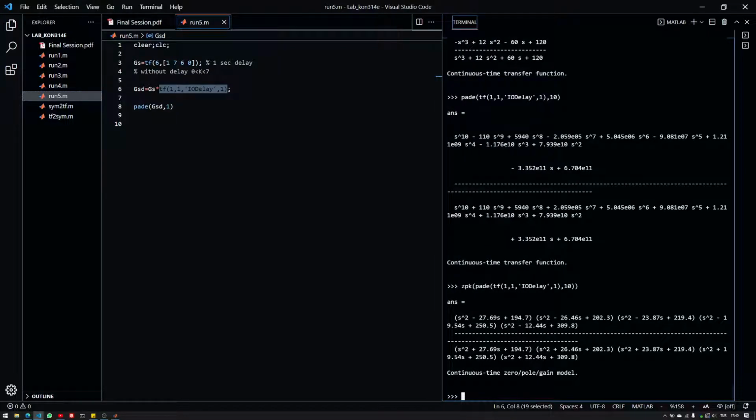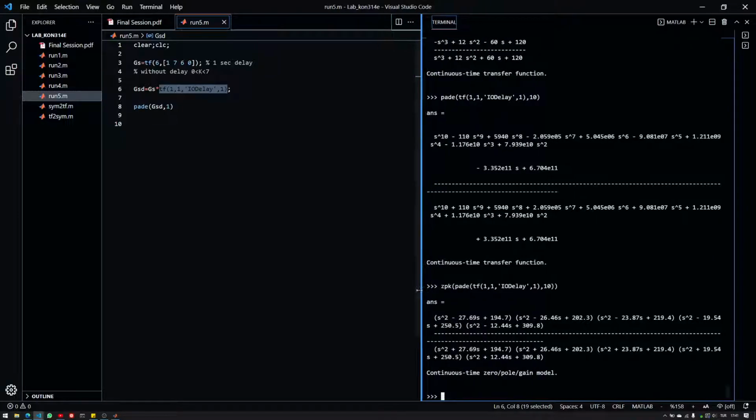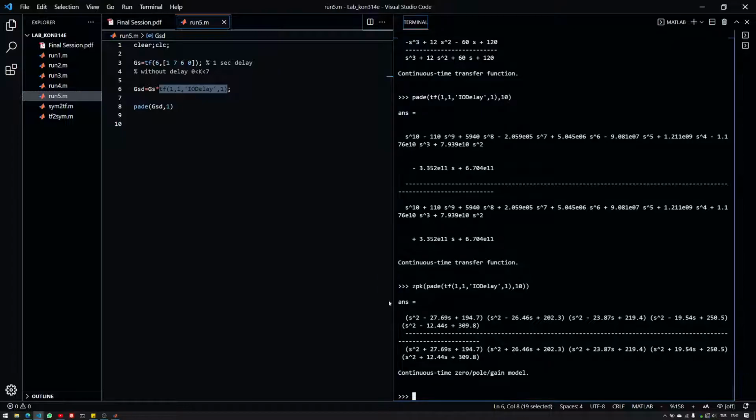So basically, we can think of the delay as infinitely many zeros divided by infinitely many poles. Of course, this is just a reminder that this is not exactly true, but you get the idea. So you can't have a root locus plot of this.